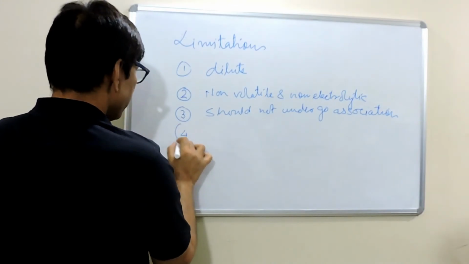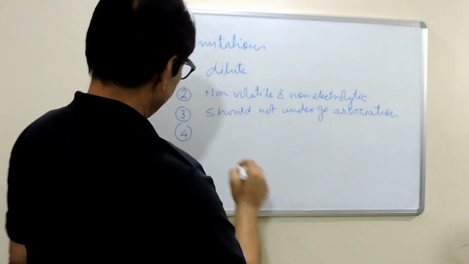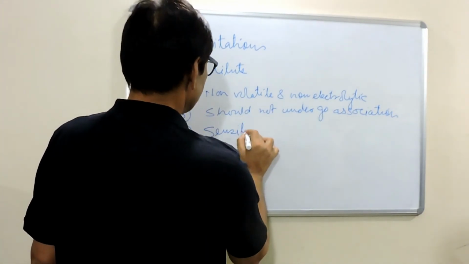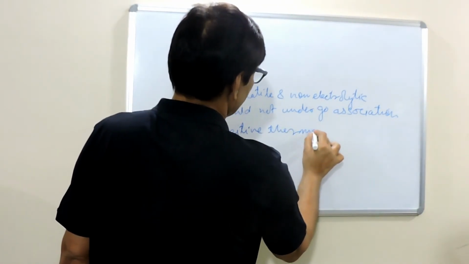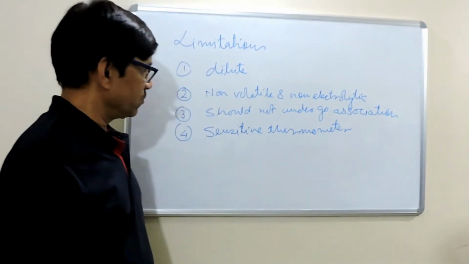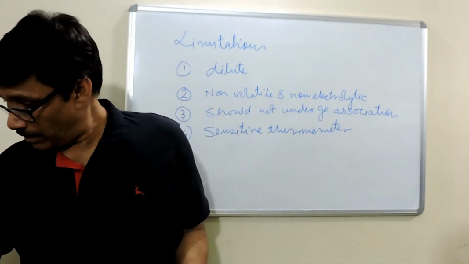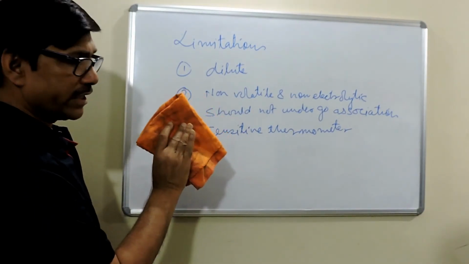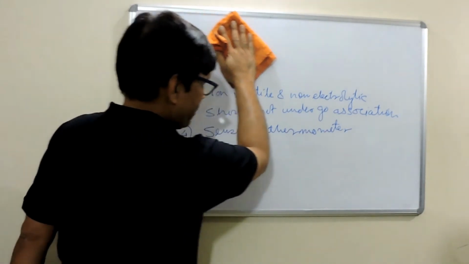And last, we have to use a very sensitive thermometer. Okay, so these are the conditions, or we can say these are the limitations, for molecular mass determination by the ebullioscopic method or elevation in boiling point method.